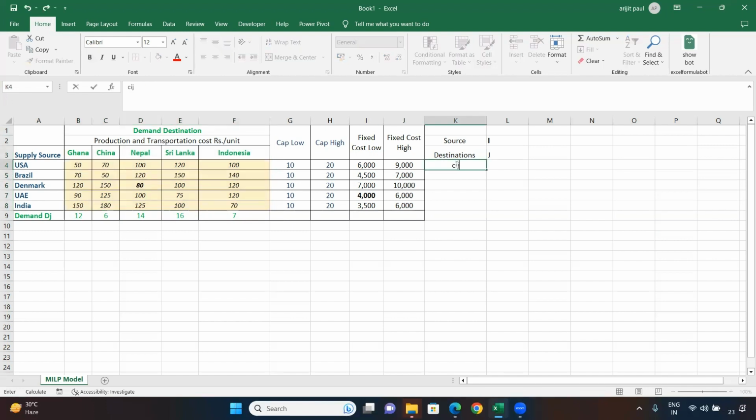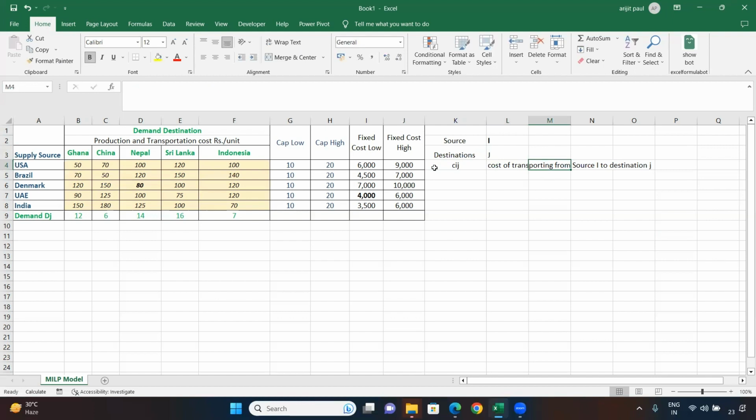These transportation costs, we refer to as CIJ. What is CIJ? Cost of transporting from source I to destination J.